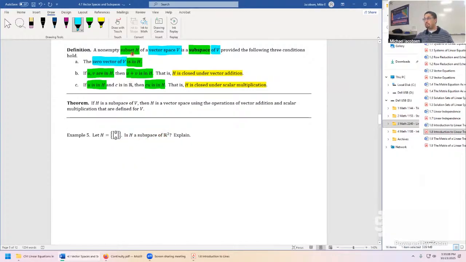Well, the first thing you have to think about is, it had better be a subset of R2 right out of the gate. Well, it is a subset. (0, 0) has 2 entries, and every vector inside of R2 has 2 entries.